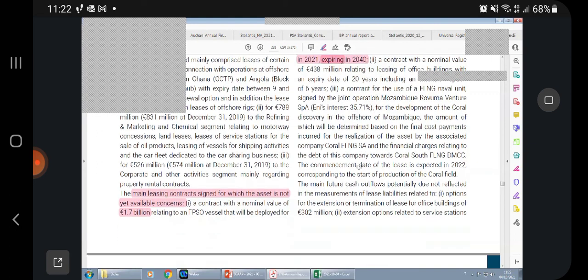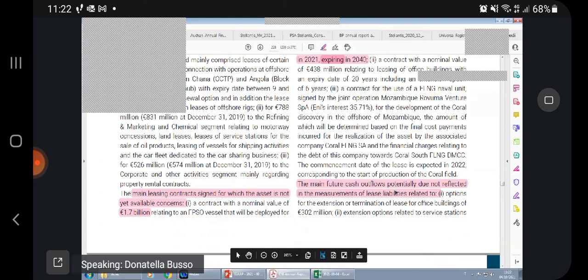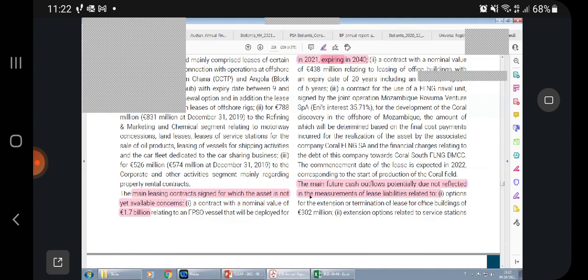And then read this last sentence. The main future cash outflows potentially due, not reflected in the measurement of the lease liabilities refer to options for the extension or termination of lease of office buildings for 302 million. What is the meaning? The meaning is the following.